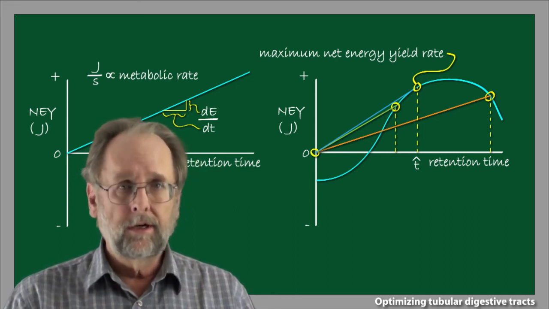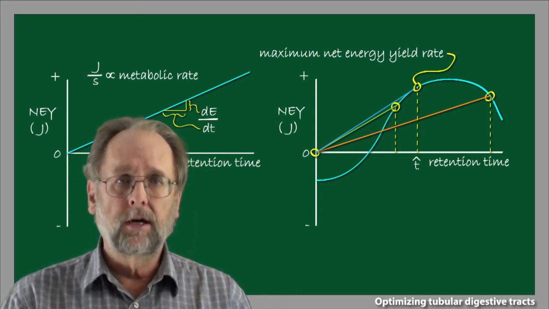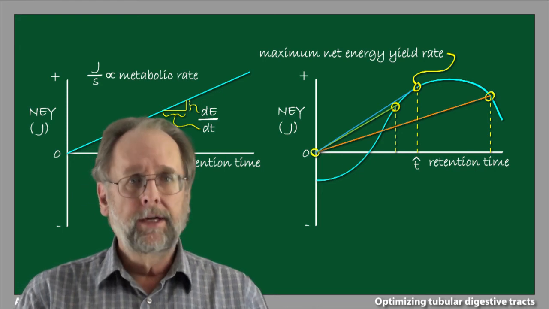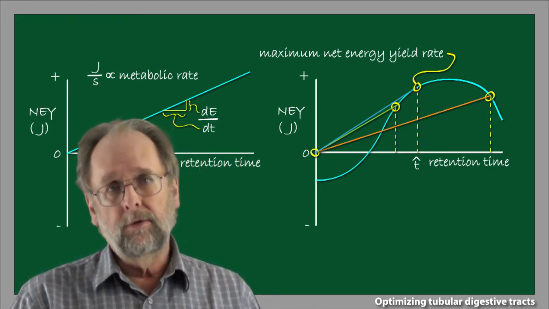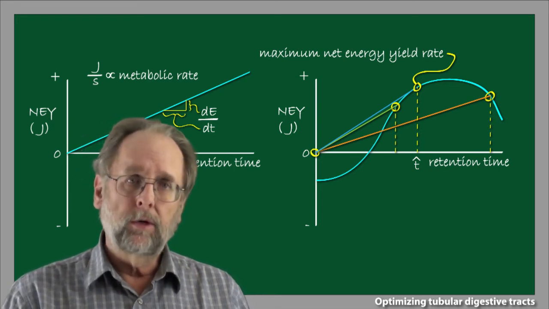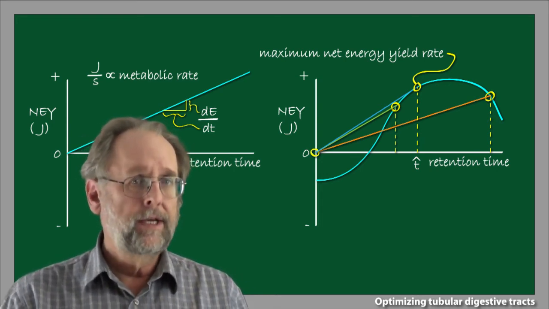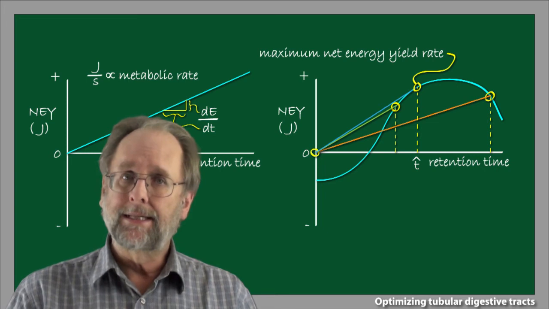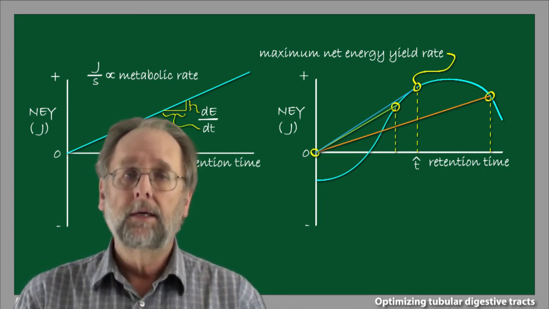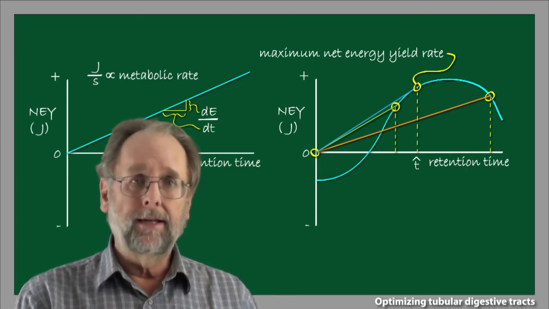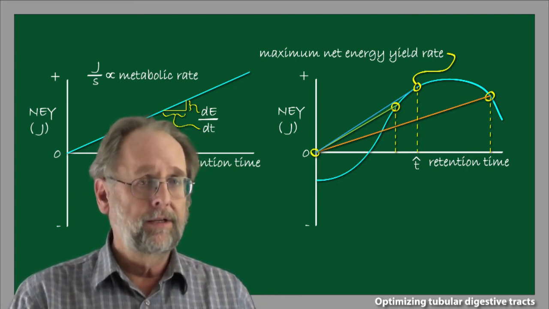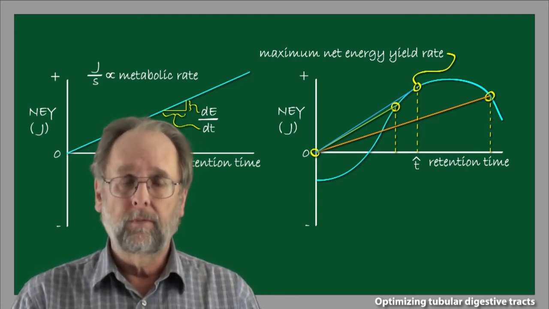We'll call this time T hat. Try it yourself. For any retention time greater or less than T hat, the net energy yield rate is less. In short, what we have here is a prediction for retention time that will maximize the net energy yield rate. In a regime of natural selection, anything that maximizes net energy yield rate is likely to be selected for.